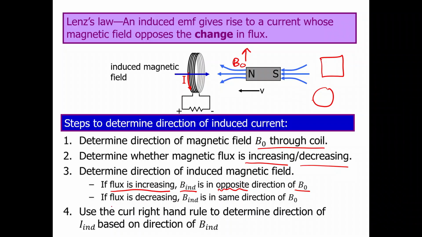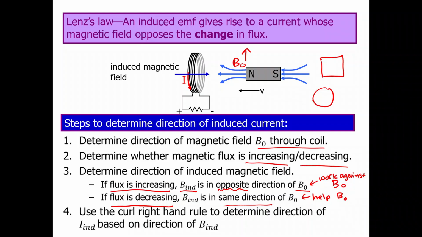If our flux is decreasing, our B induced must be in the same direction as B0. We actually need to help B0. If our flux is increasing, we need to work against B0. So we have to oppose the change.